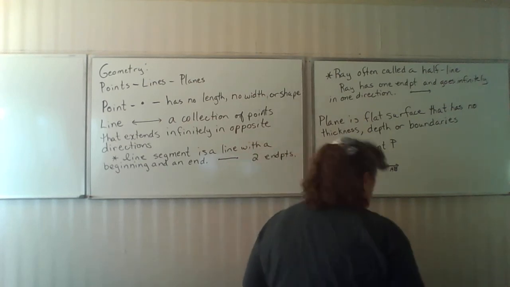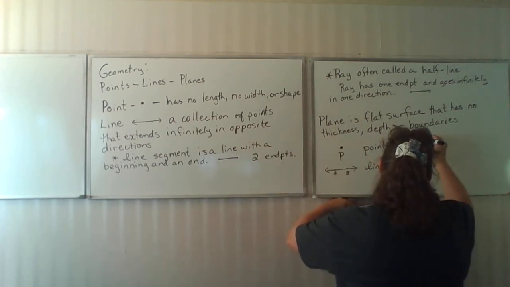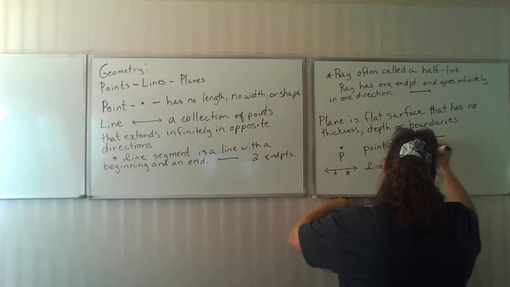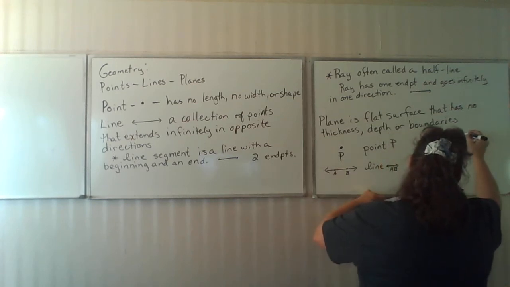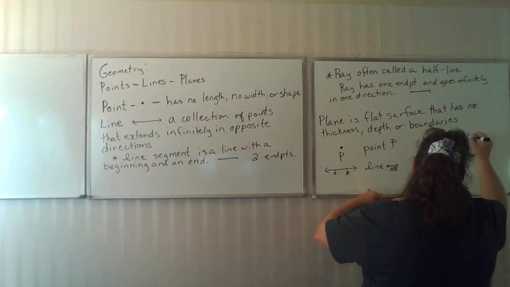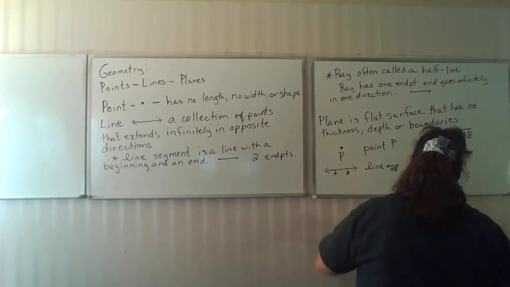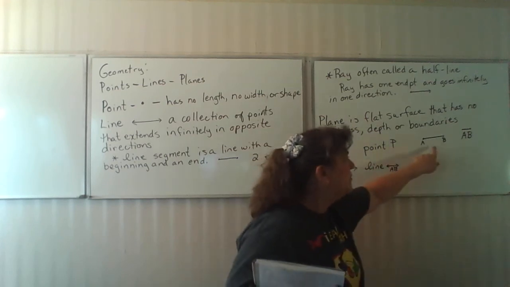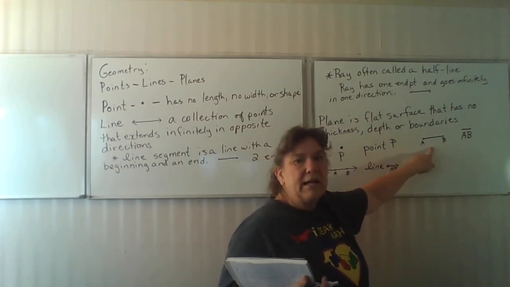Okay, how about a line segment? This is the point A and the point B, so we would call this line segment AB. You notice the difference when we actually draw the line segment.